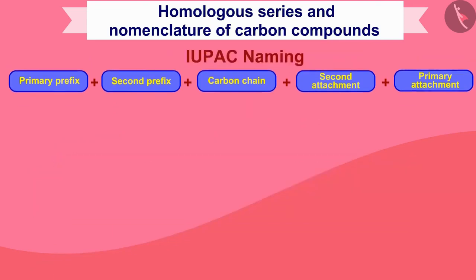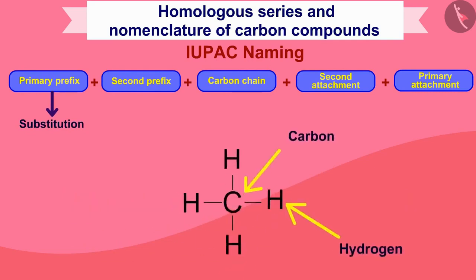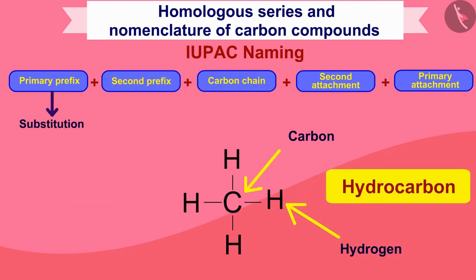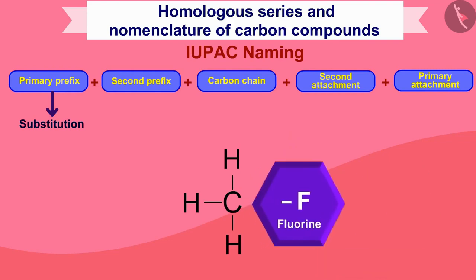See, first you have to learn about substitution. Now, what is this replacement? Just like when there are only carbon and hydrogen, it is called a hydrocarbon. If inside it we remove any hydrogen and replace it with fluorine, because both hydrogen and fluorine form a bond with carbon.